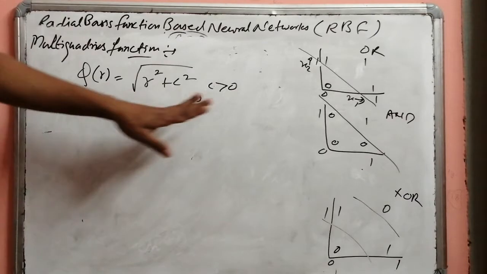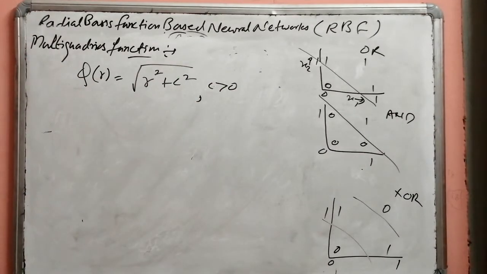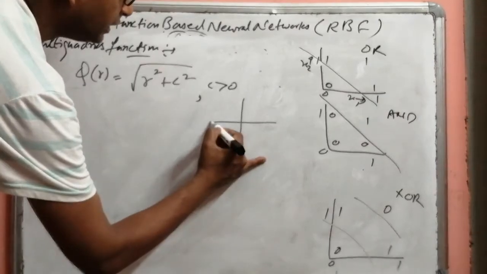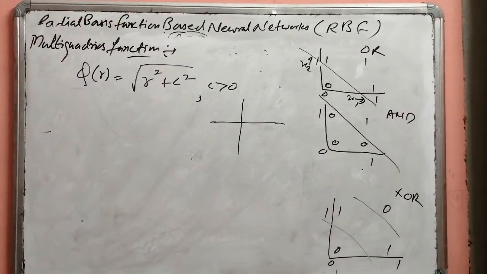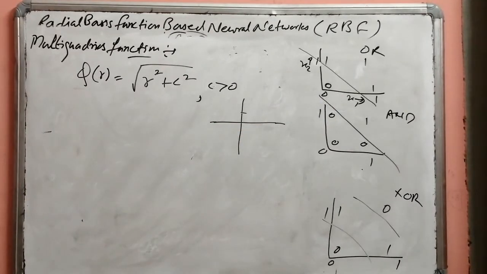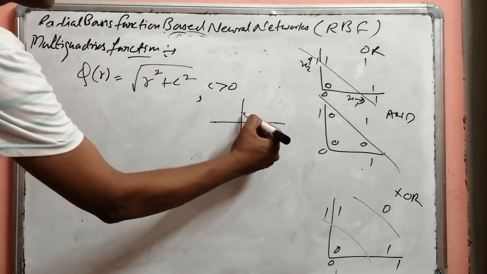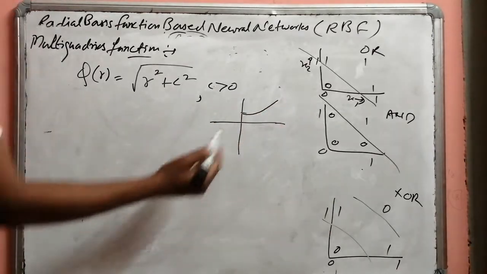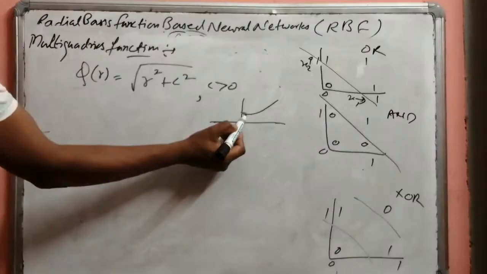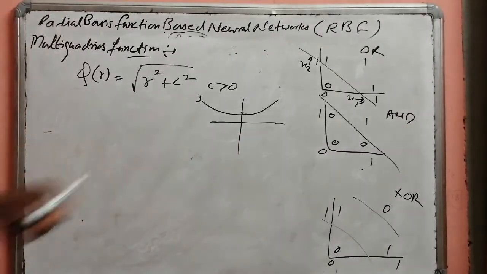So if we try to draw it graphically, then what we see is that when r is 0, its value is c, and when r is increasing in positive direction, then the function will increase like this, and if r increases in negative direction, then also the overall value increases.